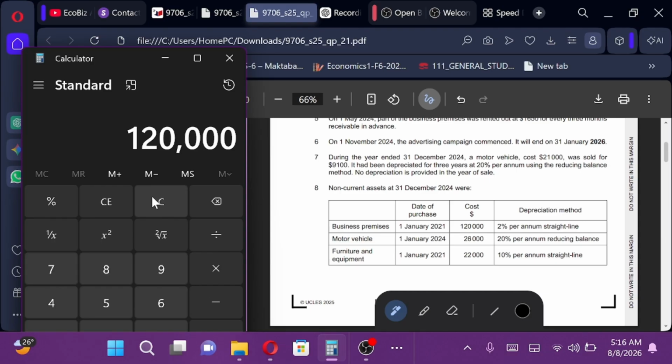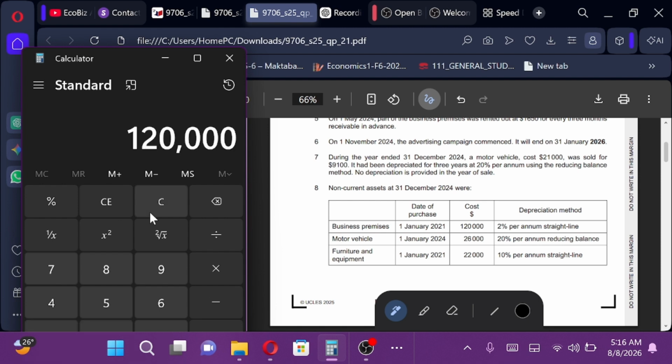But here we're given the percentage. So we just take 120,000 multiplied by our percentage, which is 2%. We get 2,400.